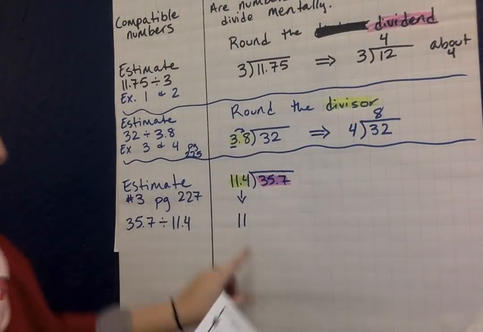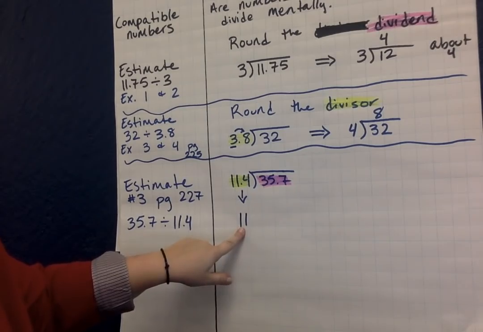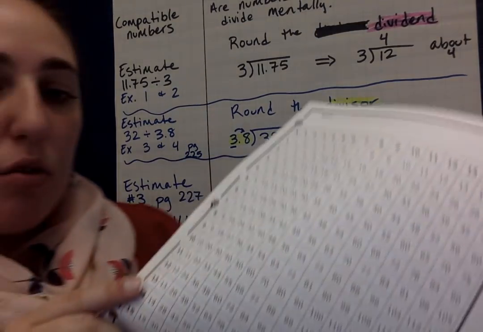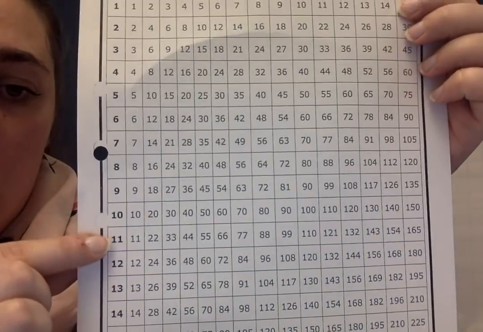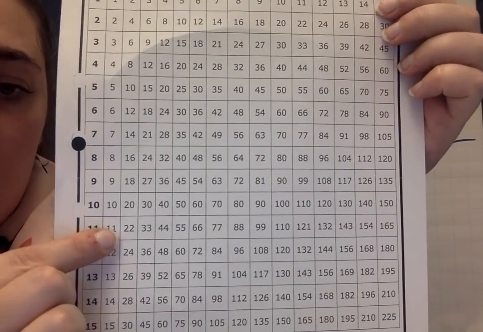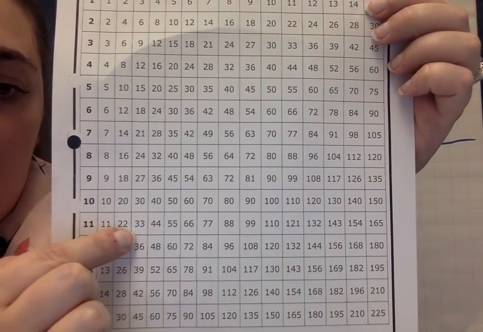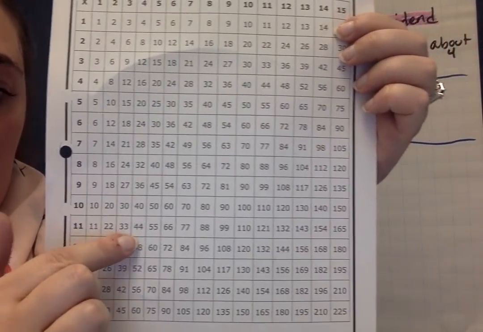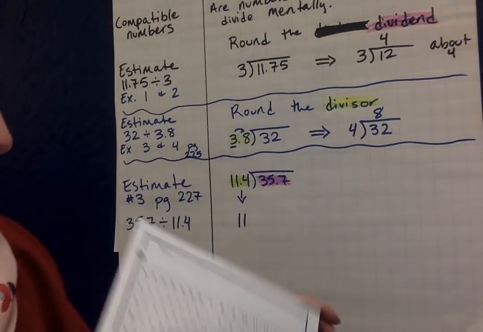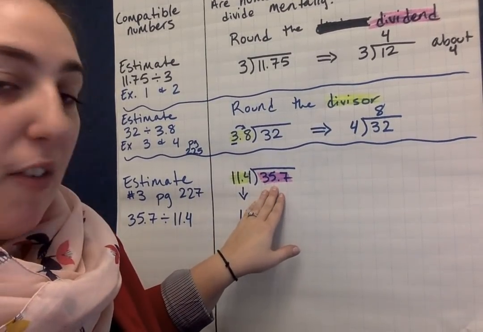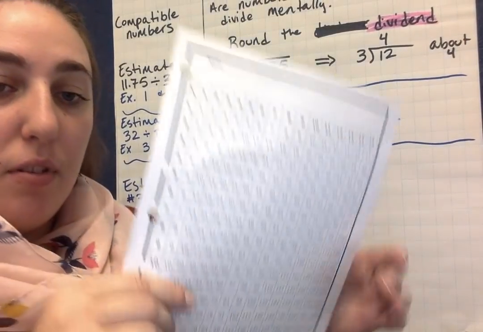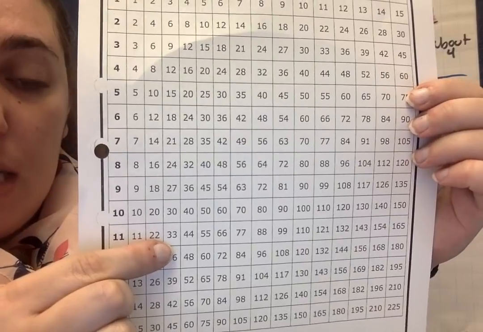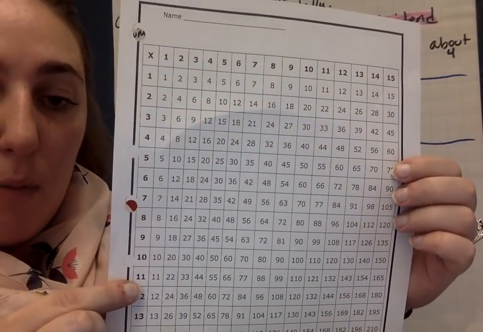Okay, so I rounded 11.4 to 11, so let's go to the 11s column right here. I'm going to keep looking, and it looks like I have 22, 33, 44. Okay, so I can choose from one of those numbers. 35.7 is what we have, and it looks like 33 is the closest to that.